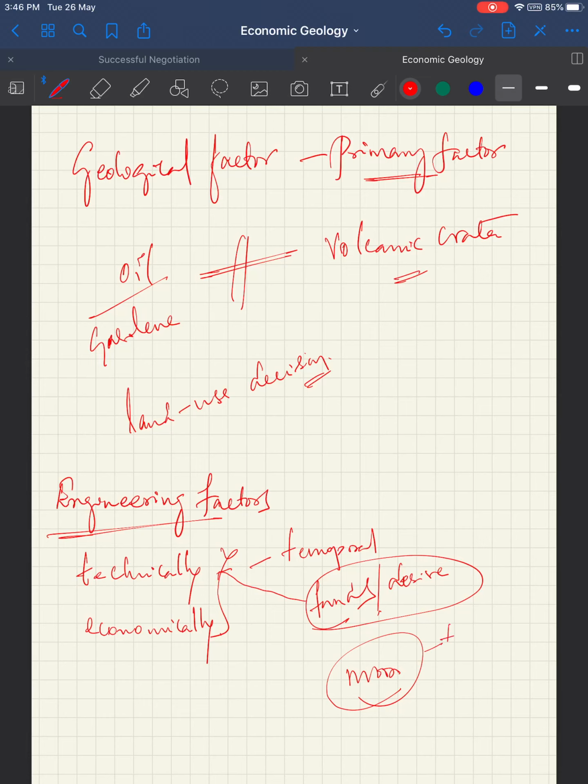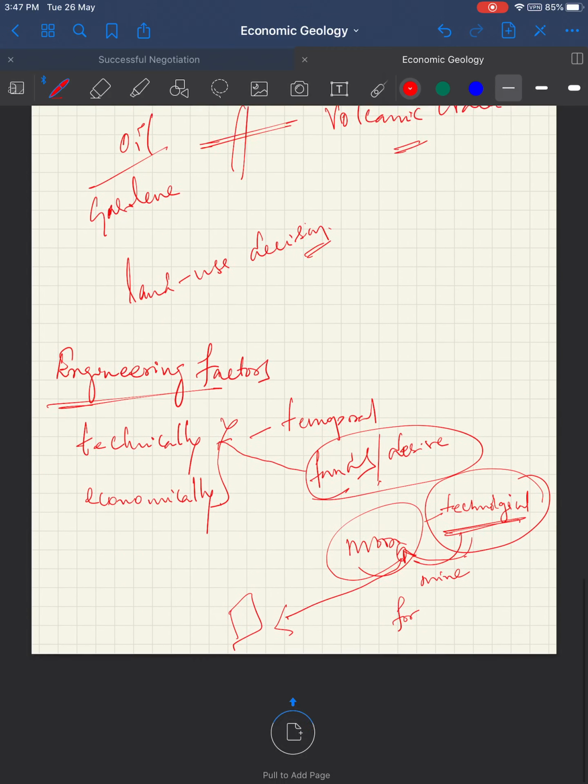So you might build the technological requirements to mine the moon for a particular mineral resource, but the price you pay for building the technology, transporting it to the moon, mining, and bringing back the mined product to the earth may exceed the benefits you are going to get. So that is the economic consideration issues with the engineering factors.